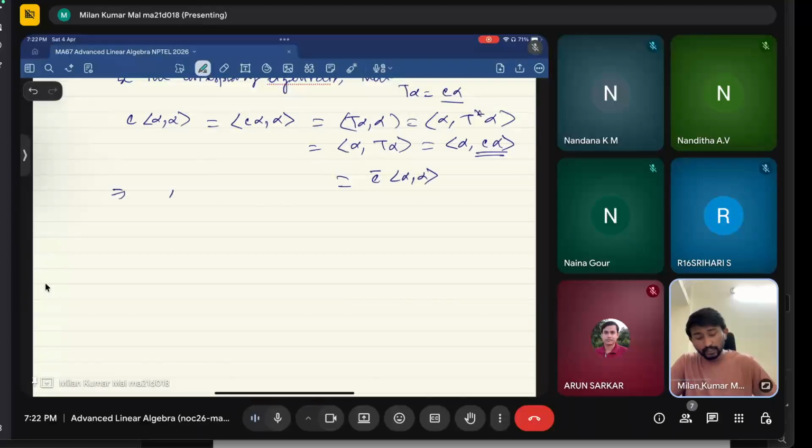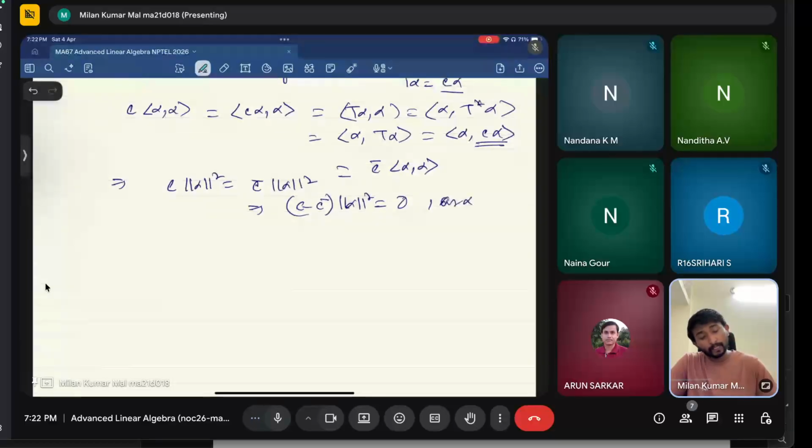So C times norm of alpha squared equals C bar times norm of alpha squared. Now you can write (C minus C bar) times norm of alpha squared equals 0. But here we have mentioned alpha is a non-zero vector. As alpha is non-zero, the norm of alpha, which is actually the inner product of alpha with alpha, has to be non-zero. That is also one of the basic properties of the inner product space.